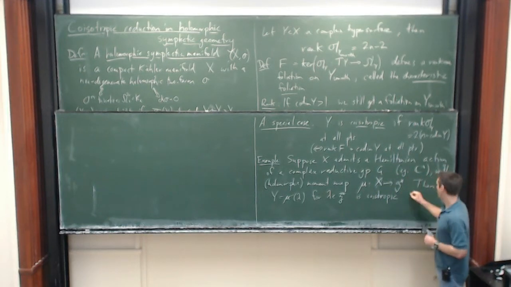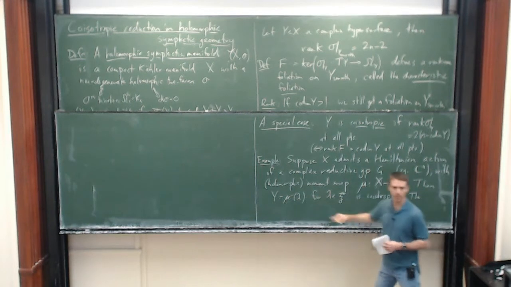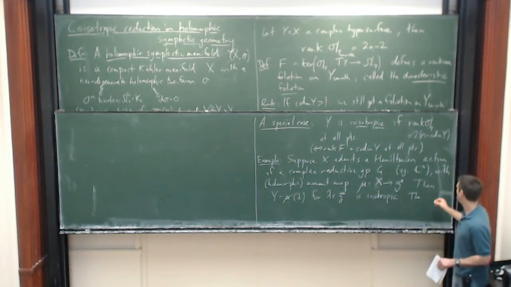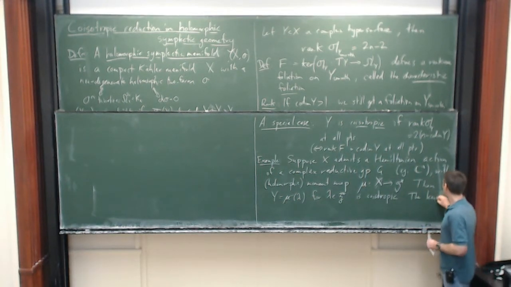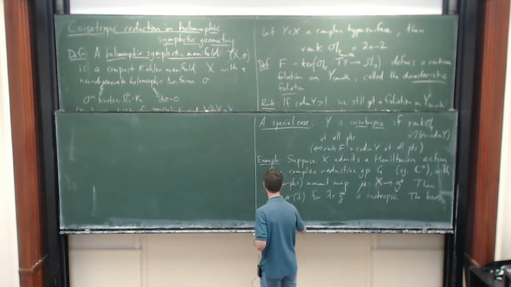You get this characteristic foliation, which is going to be regular everywhere, and the leaves of the foliation are just the G orbits.